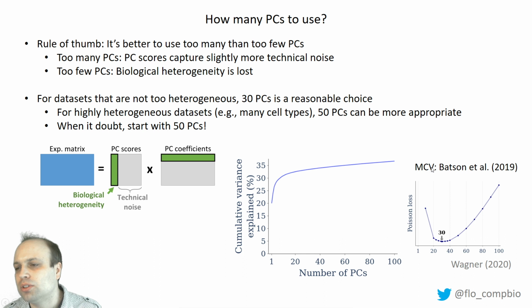There's an approach called molecular cross-validation, or MCV, by Batson et al. If you use that, then you can estimate the optimal number of principal components more systematically instead of just guessing. In this case, for this data set, it's actually 30, according to this approach. But the thing is, this is much more complicated.